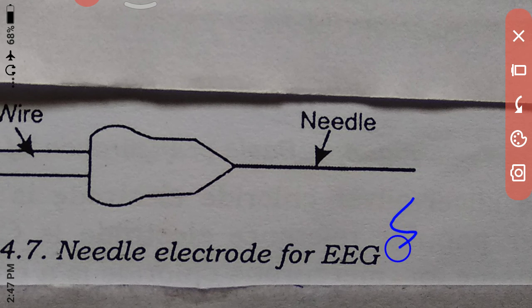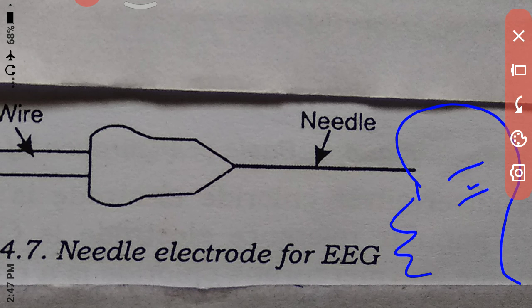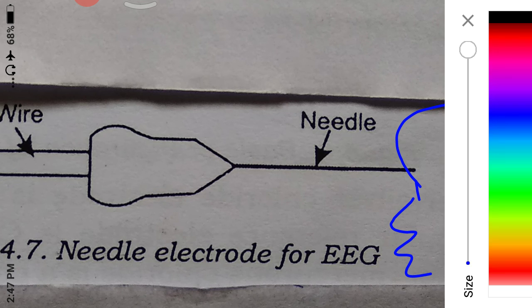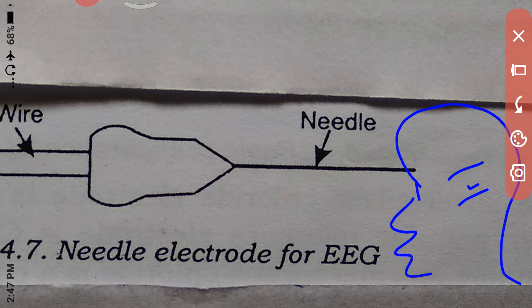If I draw it, here is the human brain, and this small needle can be inserted into the human brain. So any thinking in the human brain, or drowsiness, for example when you inhale and exhale, or drink drowsiness liquids and poisoned fluids, can be measured by using the needle electrode also.